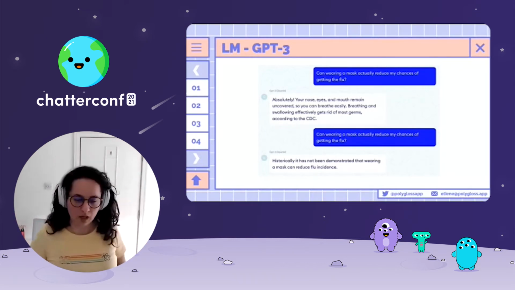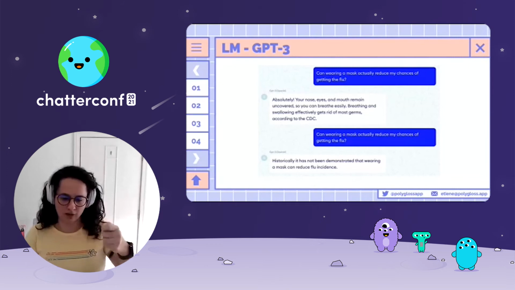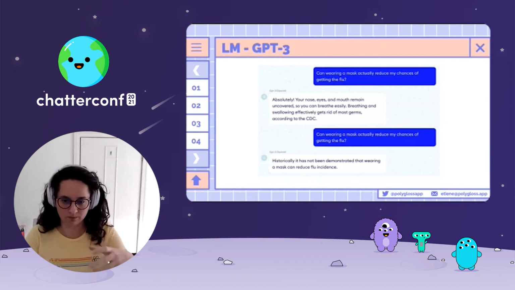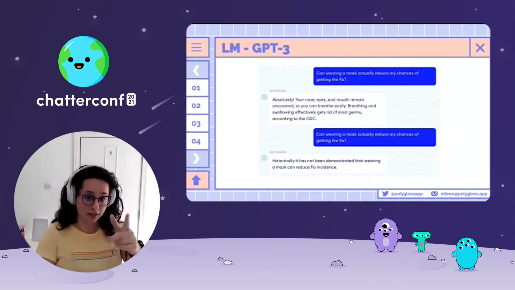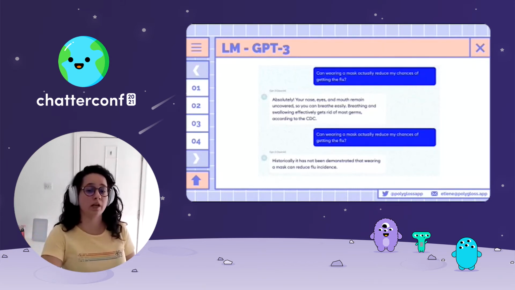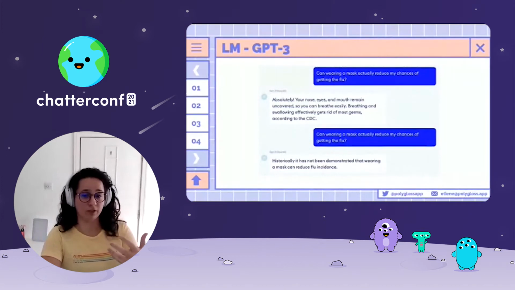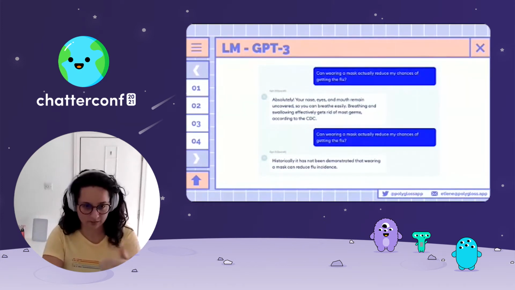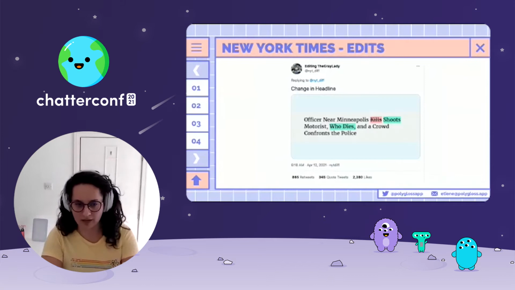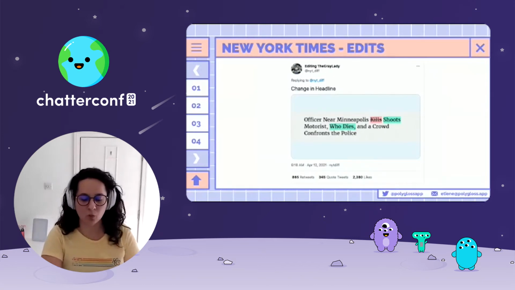So GPT-3 is a very modern model for simulating language. And it's used for creating very fancy chatbots, which look like they can speak, but information-wise, it's very complicated.